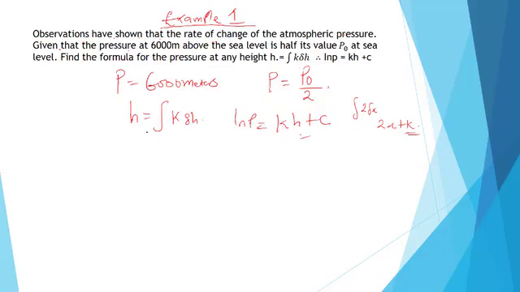Now let's move further by expressing this. ln P means the natural logarithm of P. So we can express it as P equals exponential of kh plus C. This has been transformed because when you have ln P equal to a number, in order for us to have P, we take the exponential of it.